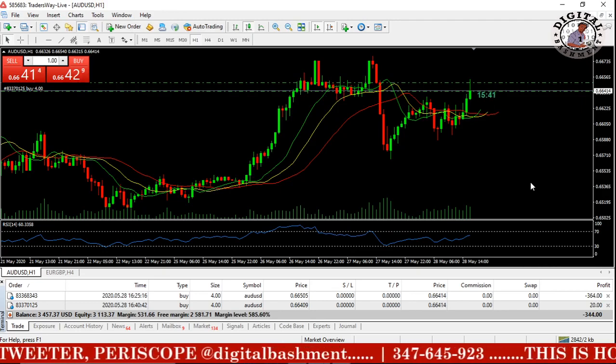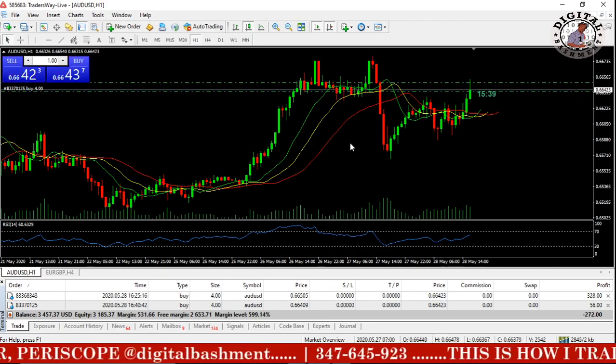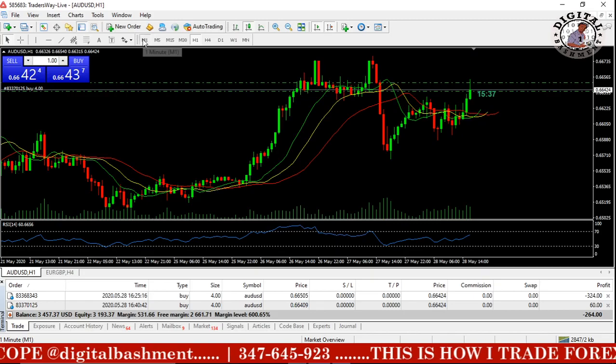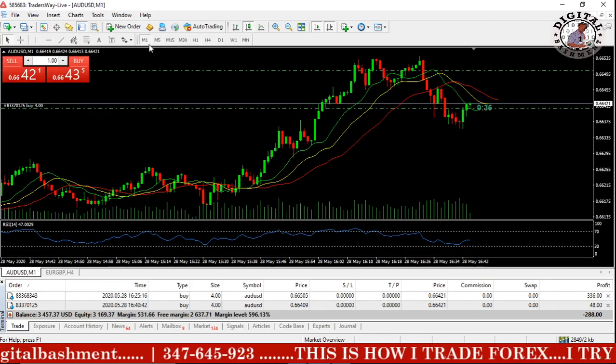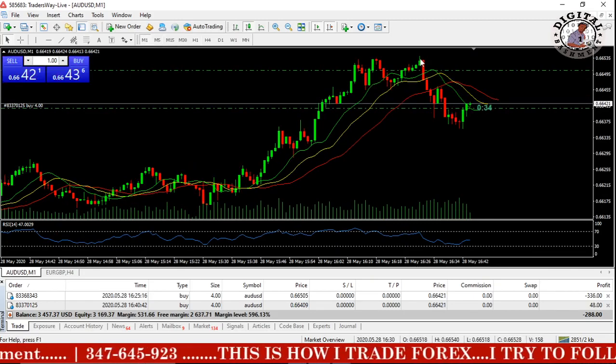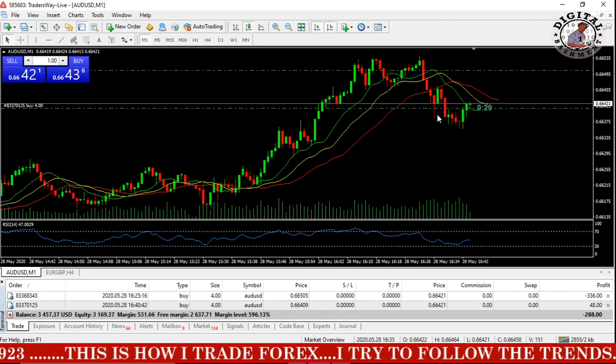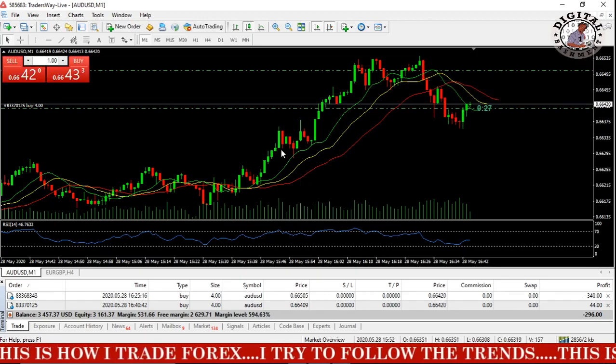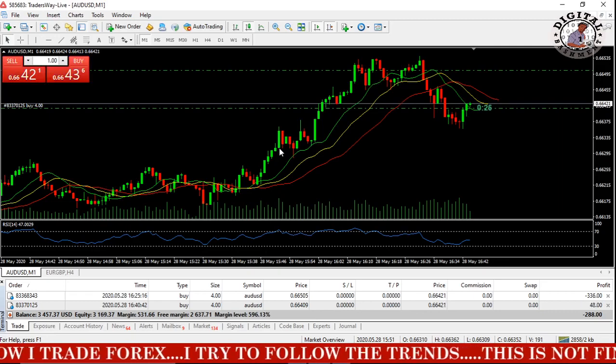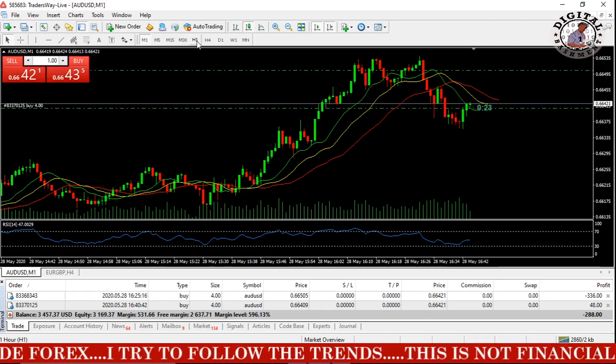Sometimes if you keep looking at the lower time frames, when you see stuff like this happening, it's going to make you panic. So your main goal is to trade.